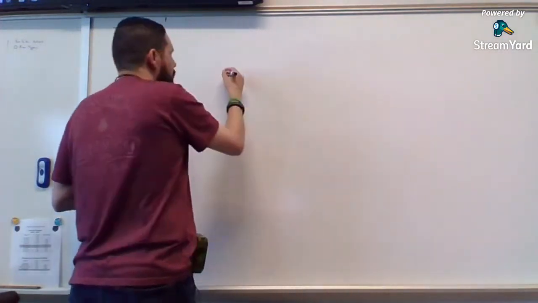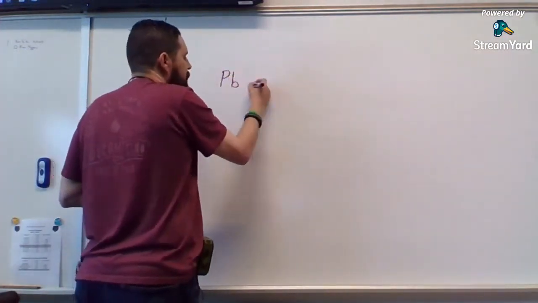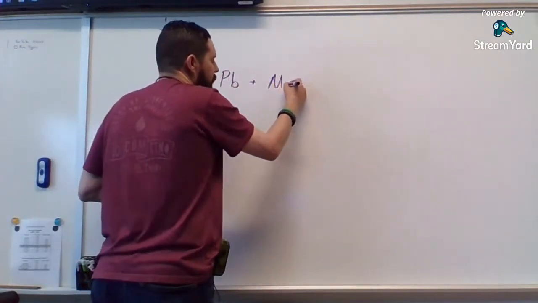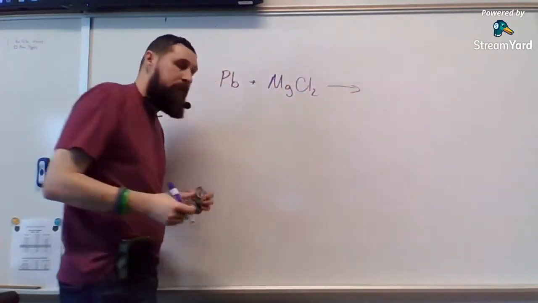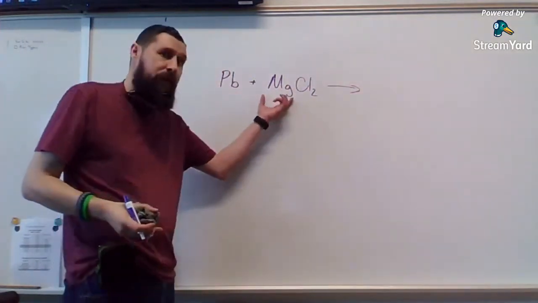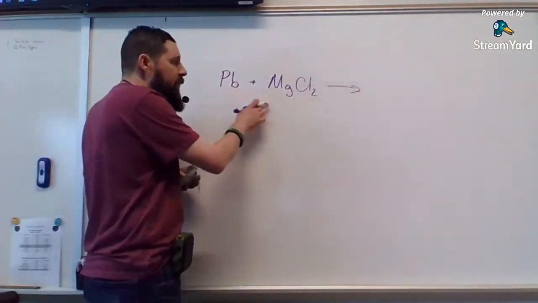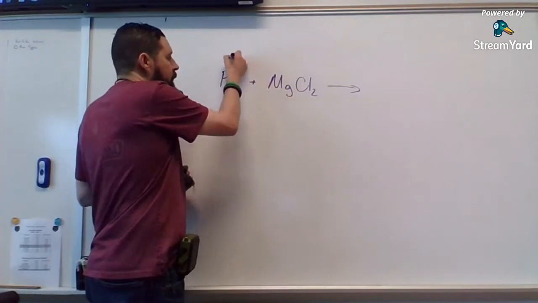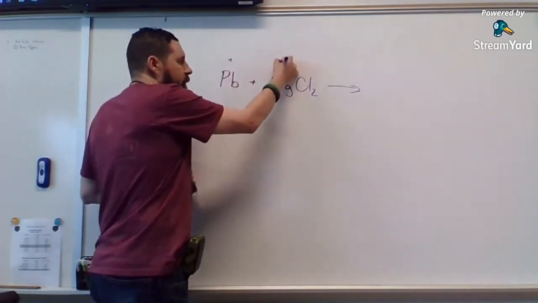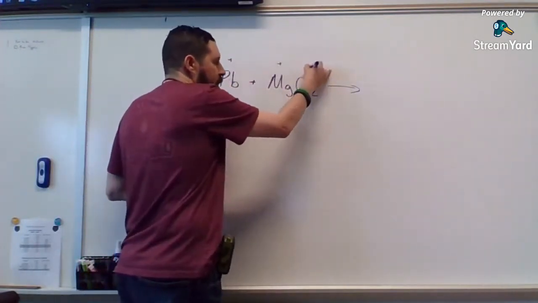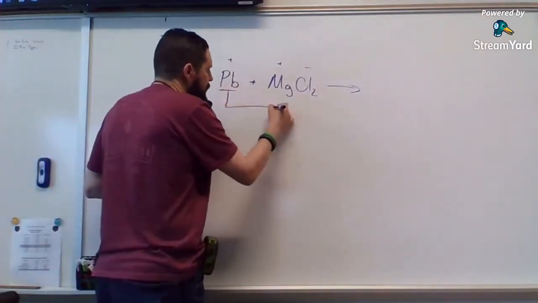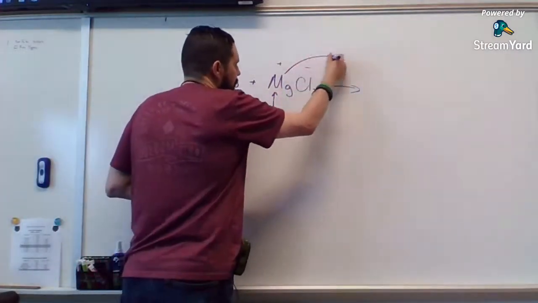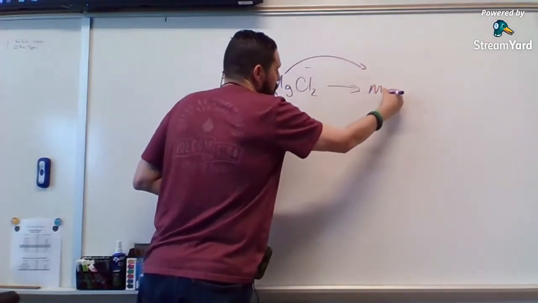Let's take a look at if I have lead and I combine that with magnesium chloride. So will lead be able to displace magnesium? The reason we look at lead and magnesium is because lead is positive, magnesium would be positive, chlorine would be negative. So as a result, lead would come in and displace magnesium.